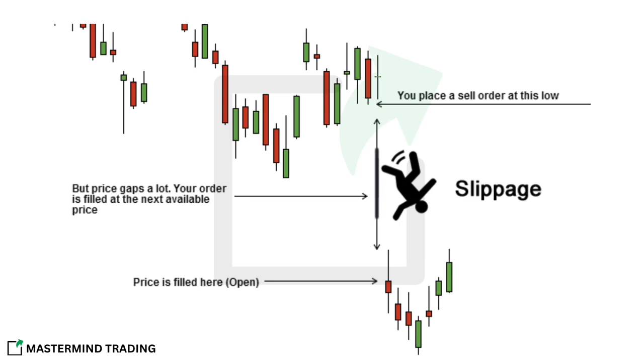And slippage is basically that situation whereby you place an order, either a buy or a sell order, at a particular price, and then because of maybe instant increased market volatility, your order gets filled at a different price. In some cases at a favorable price, in a lot of cases for most traders at unfavorable prices. But slippage is the difference between the price at which your order was supposed to be initially filled and the price at which it is now filled.